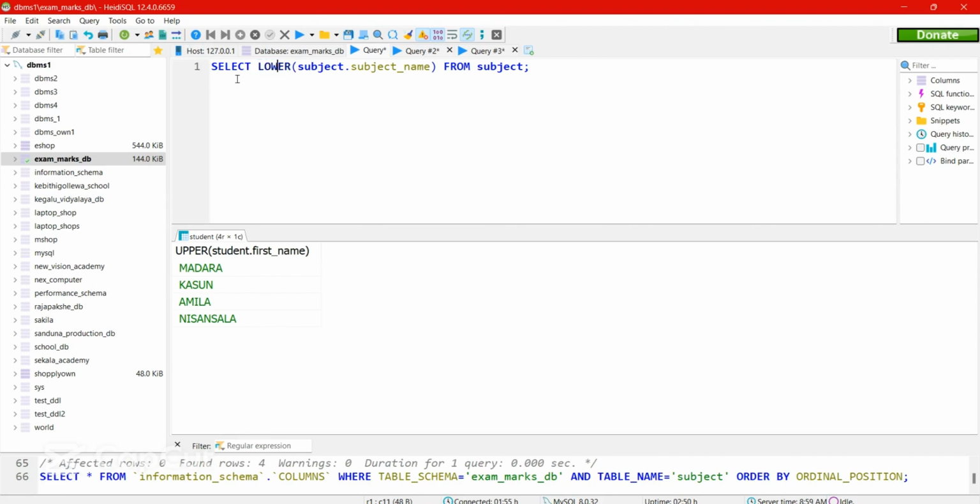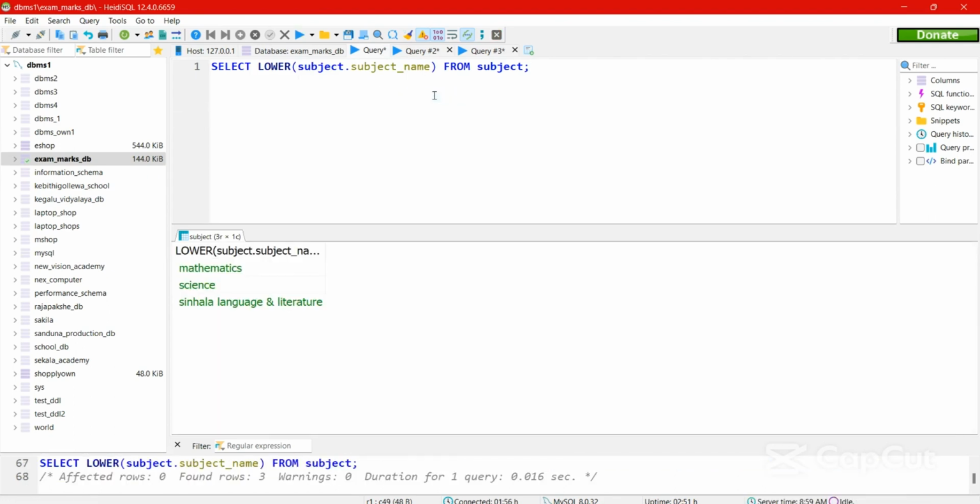But if we need to get the results in simple letters, we need to use this keyword called lower, and we need to give the parameter inside the bracket. In this question, they have told us to get the subject names in simple letters. So that's what I have written here.